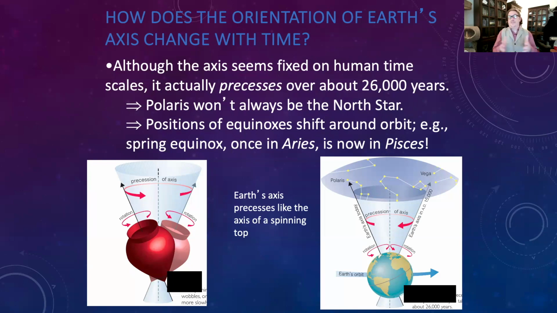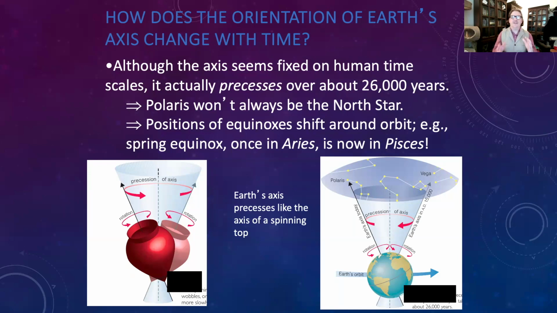But definitely over the course of serious astronomical observations of the position of Polaris, Polaris's position with respect to the celestial North Pole has measurably changed. In about 15,000 years, the North Star is going to be around Vega or so.